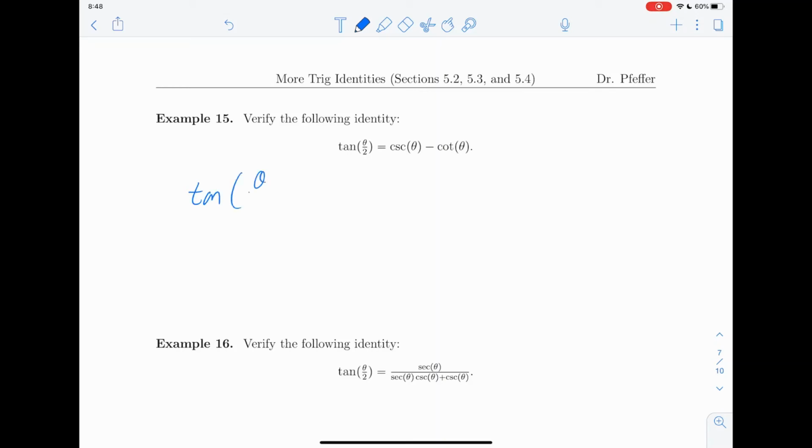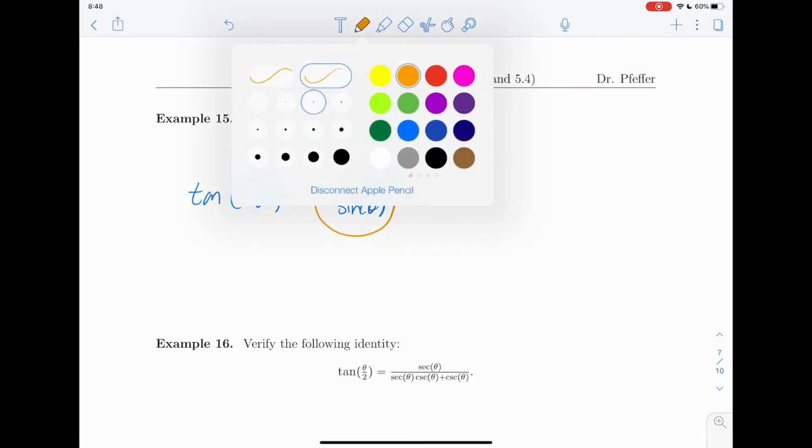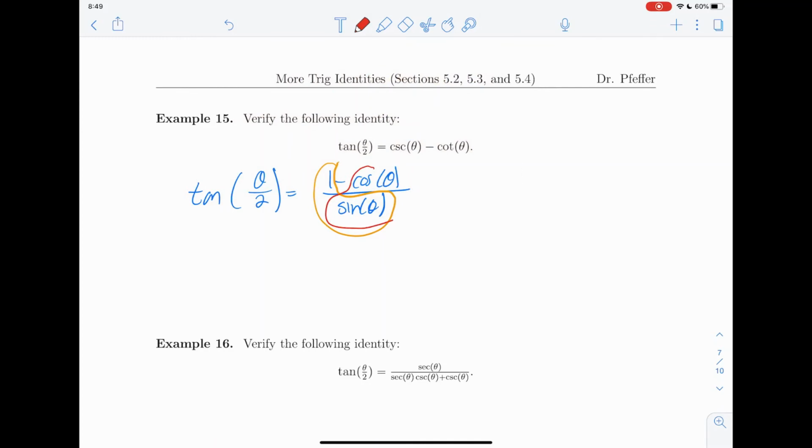So using that identity, we can end up with the following. The tangent of theta over 2 is equal to 1 minus the cosine of theta over the sine of theta, which, I think I did this earlier in the lecture, right? We're thinking of this as one fraction minus another fraction.